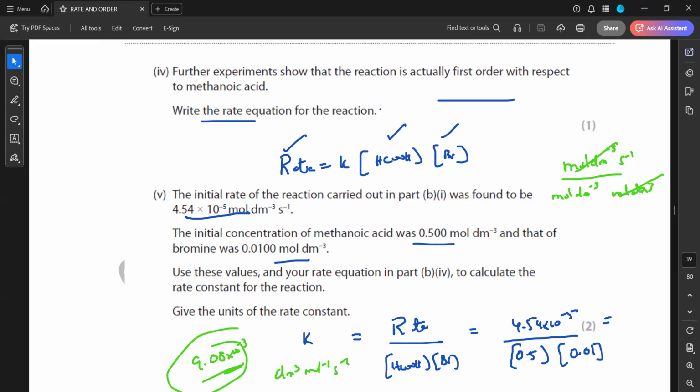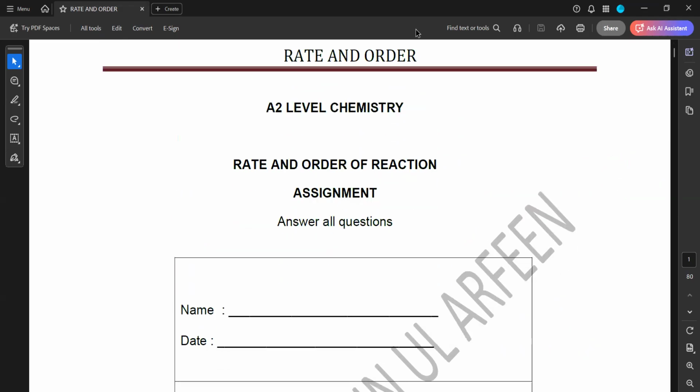That will be the unit of k: dm^3 mol^-1 s^-1. Is this question clear? So this is about the rate and order of the reaction.